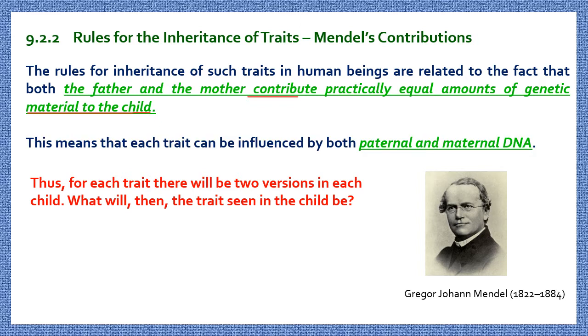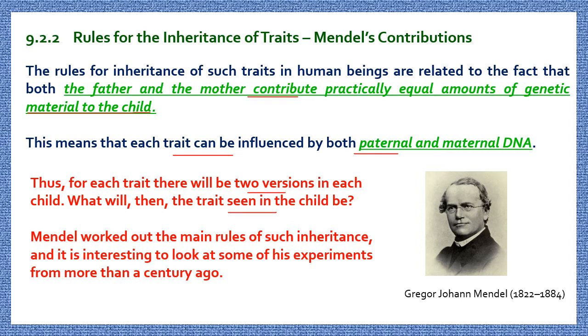What does it mean? It means that each trait can be influenced by both paternal DNA and maternal DNA. So for each trait there will be two versions in each child. And what will then be the traits seen in the child?